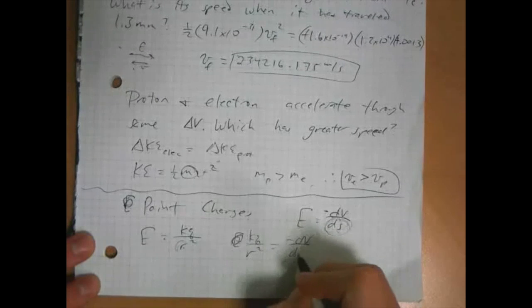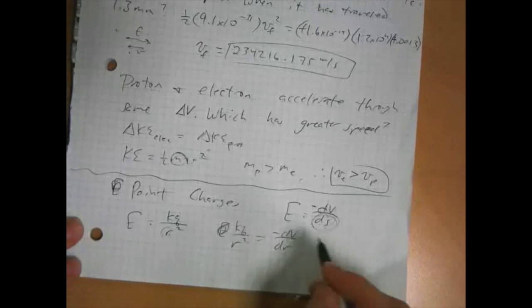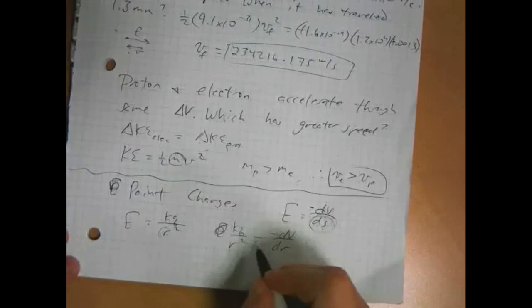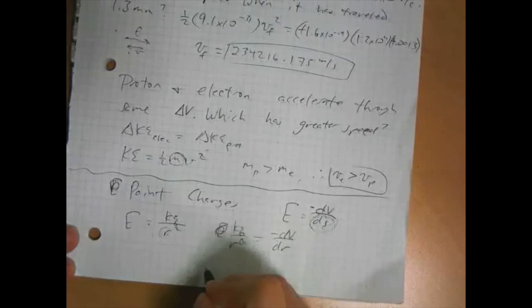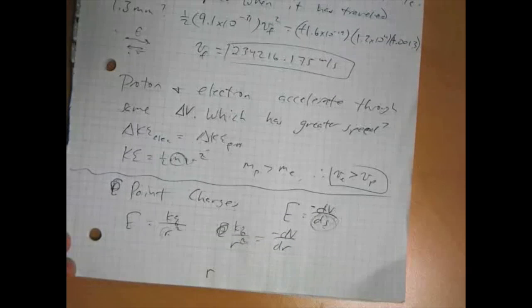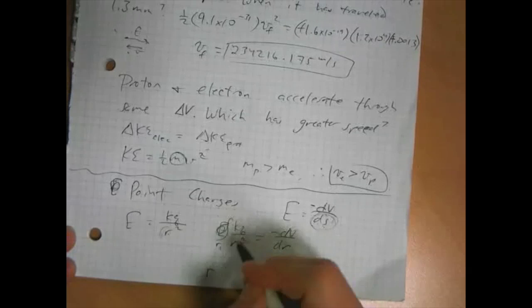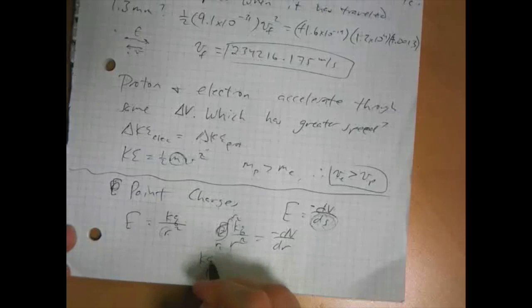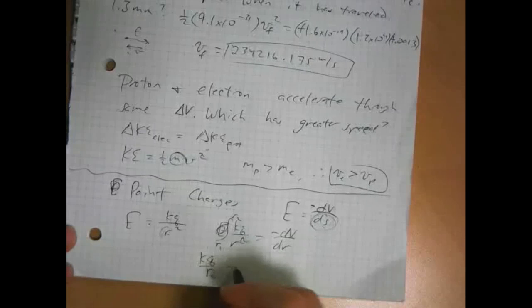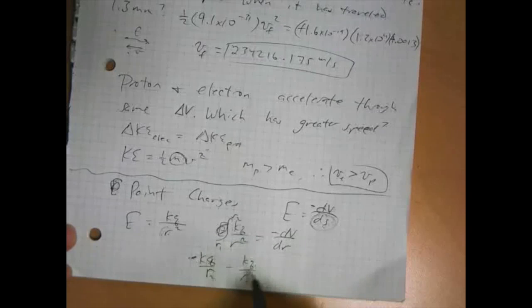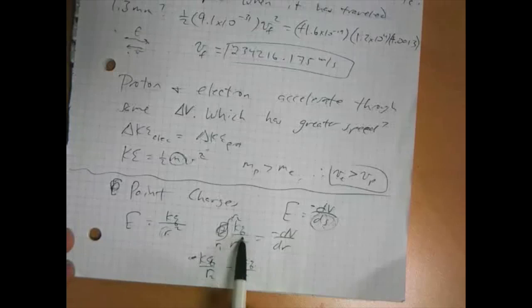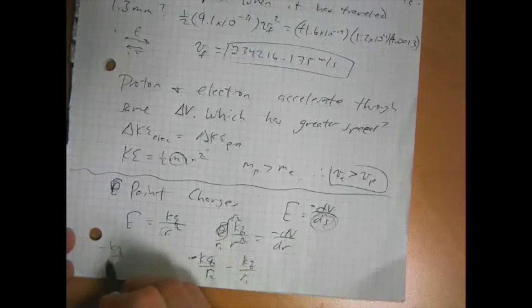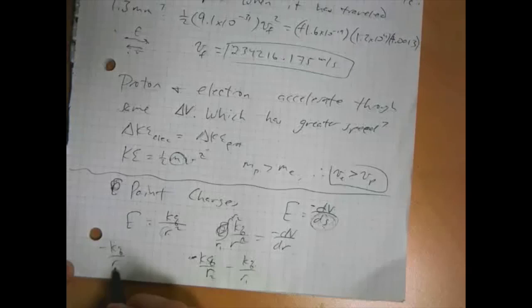And if we do an integral to get from an r squared, that's a 1 over r. If we take a definite integral from r2 to r1, we get kq over r2 minus kq over r1. Because if we take a derivative of minus kq over r, we would get positive kq over r squared, and then the negative out front turns it back into just kq over r.